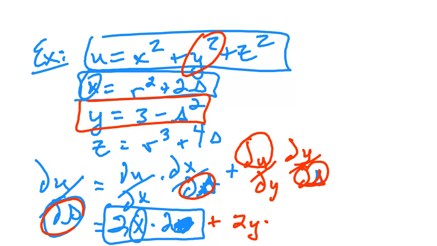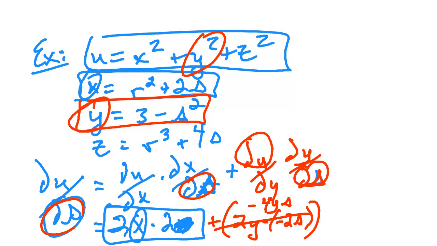Times the partial of y with respect to s, which would be minus 2s. Now remember, this is multiplication here, not subtraction. So I'm going to multiply those two together, and I'm going to get minus 4ys for this one. And then, of course, here I could rewrite that y as 3 minus s squared and plug that in.